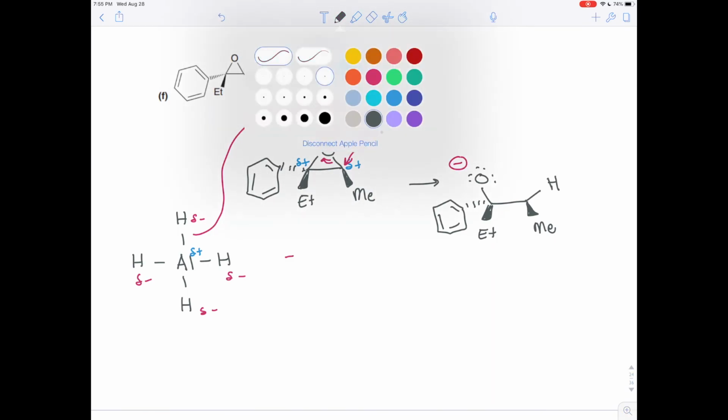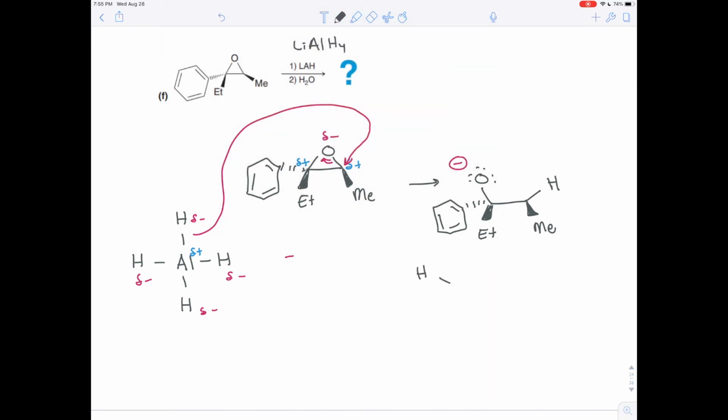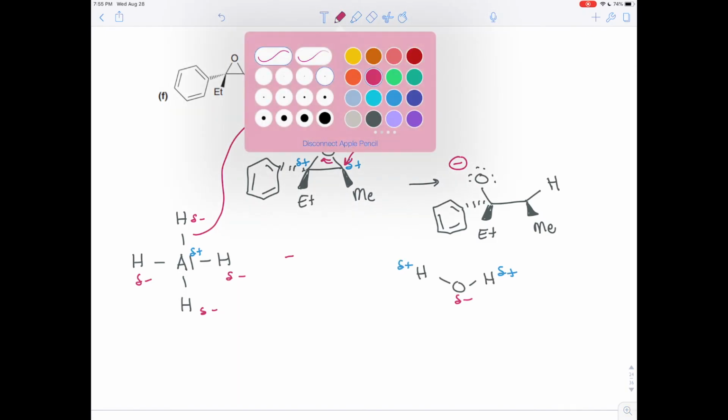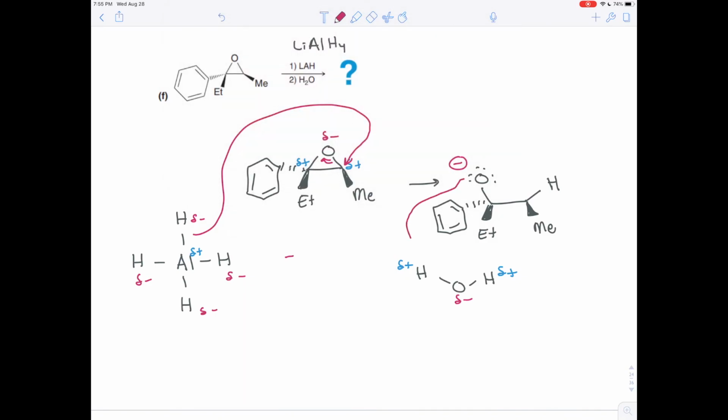So just to help stabilize that, we can shake it up with some water. We know that oxygen's very electronegative, becomes slightly negative, whatever it's bonded to becomes slightly positive, and that negative oxygen plucks a hydrogen off of there.